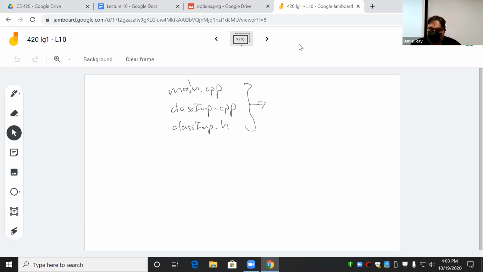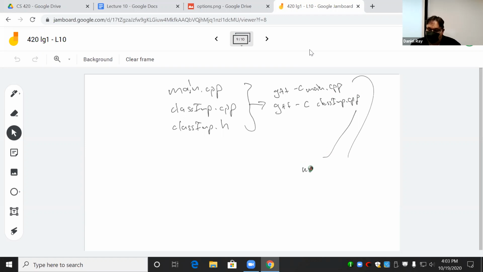I need to do, for G++, it looks like this. g++ -c main.cpp and g++ -c class implementation.cpp, okay? And that -c means that we're not going to be compiling into an executable. Instead, what do we get out of these two? .o files.